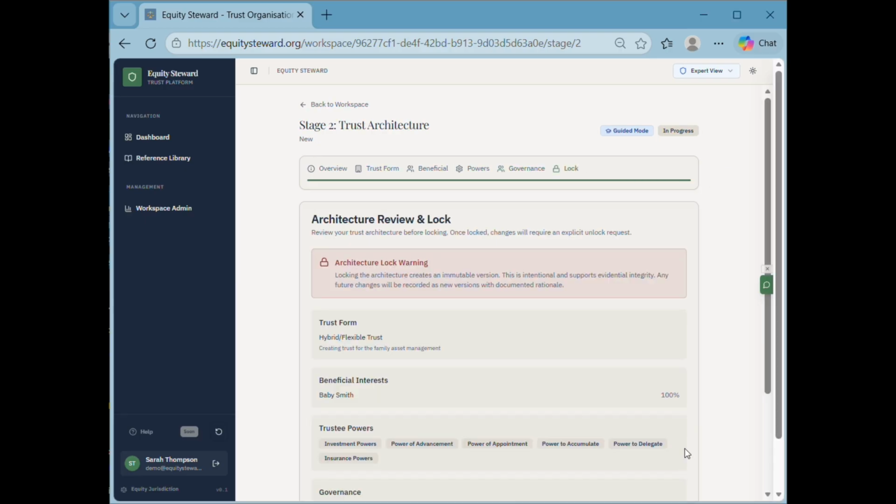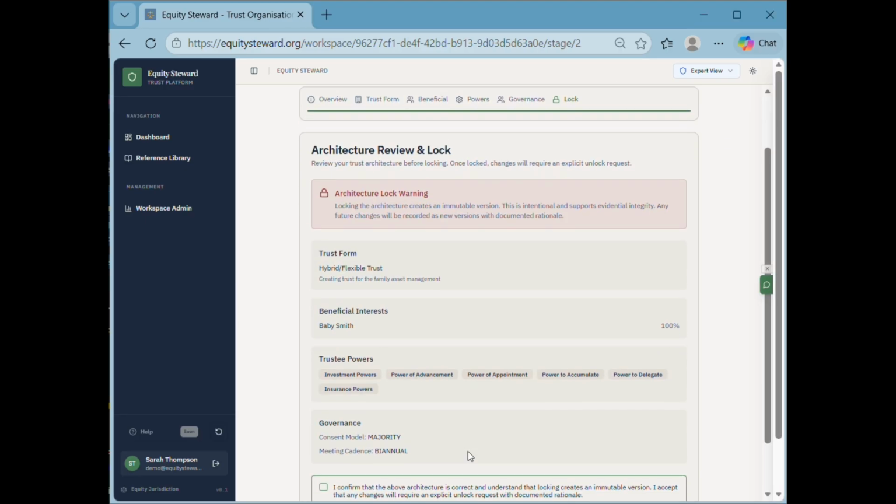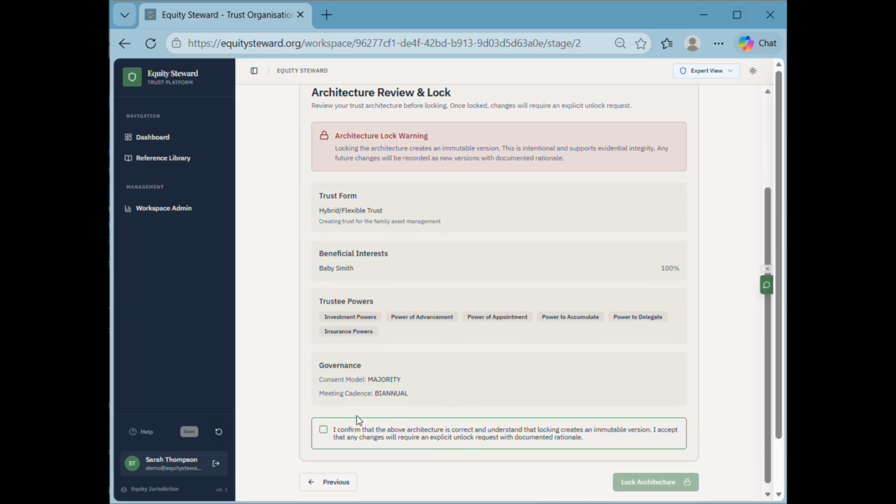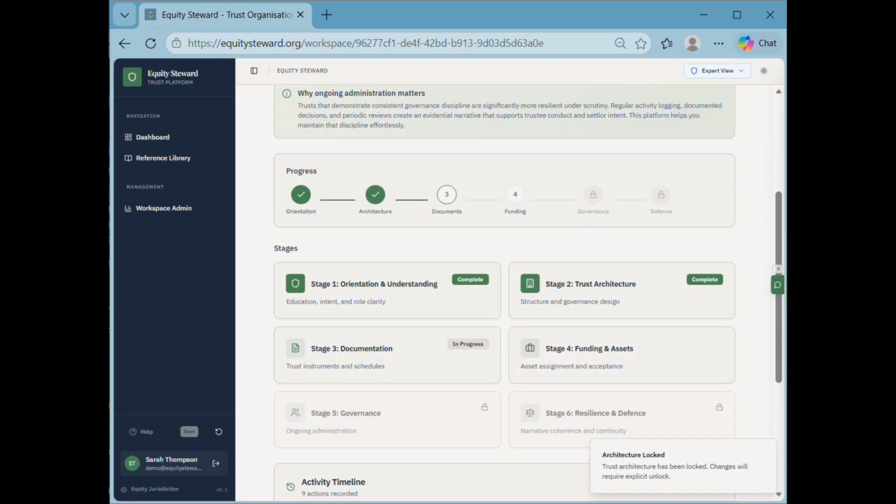Architecture lock. One of the most important features of this stage is the ability to lock the architecture once it has been finalized. When the user confirms that the structure is settled, the platform generates an integrity hash for that architecture. This preserves the structure as a fixed version. If changes are required later, they do not overwrite the original record.